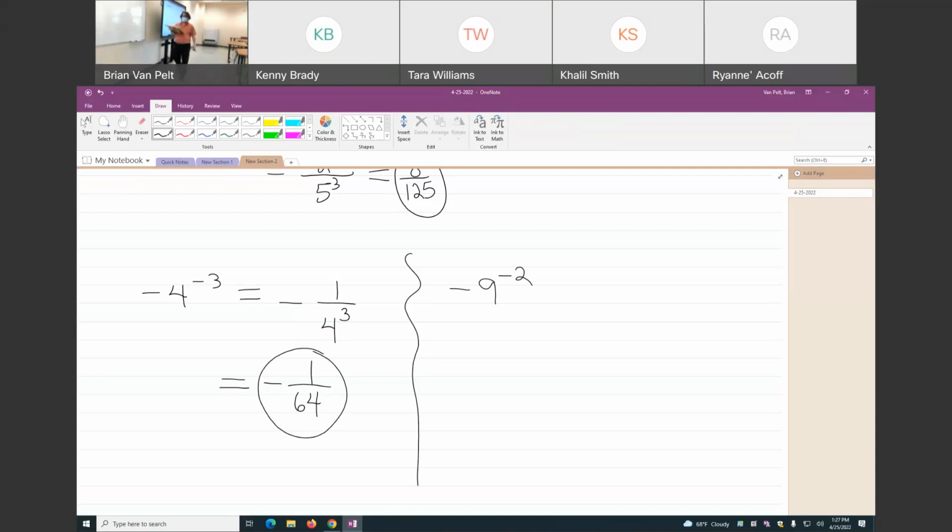This one is almost identical. -1/81, that's correct. First step is to recognize you do the minus or negative first. And second, to have 9 to the second power. And then all I have to do is evaluate that.